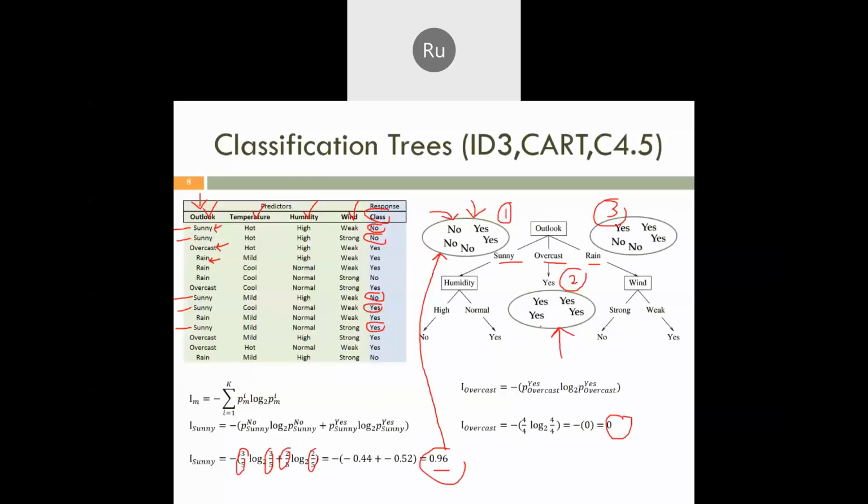And if you look at this one, we only have 4 yeses. So that means we have 4 over 4 log 2 of 4 over 4. At the end, we get 0. So the entropy is 0, meaning that the membership of this particular partition belongs to one class only.